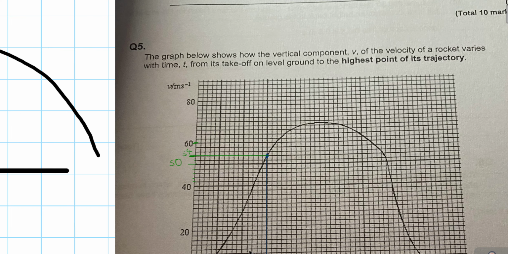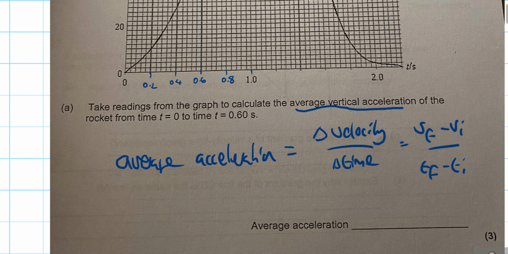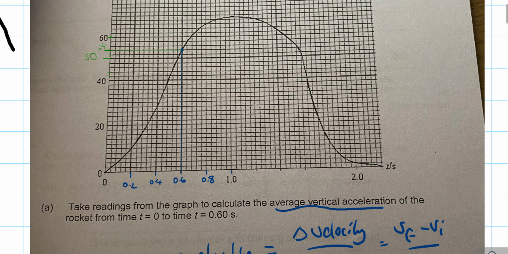So therefore we can plug in our numbers, so we know that v final is equal to 54 and t final is equal to 0.6. From here it wants us to find from t equals 0, so all we're going to do is draw a line that meets the point, and we're going to find, in inverted commas, the gradient of that line.